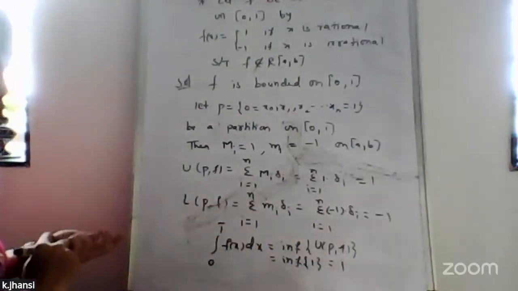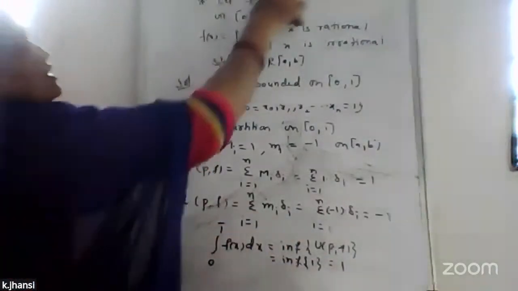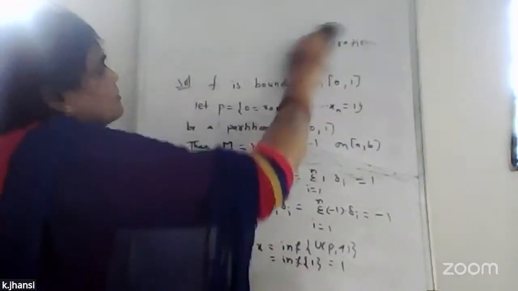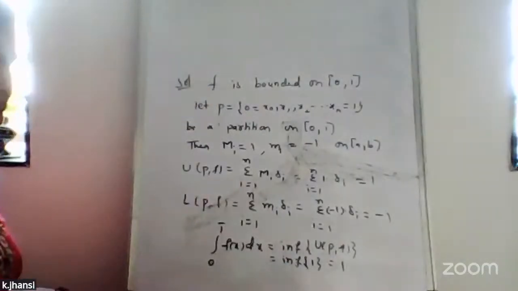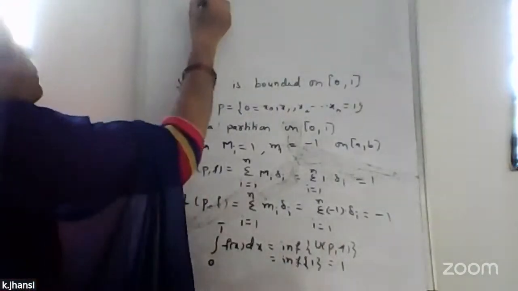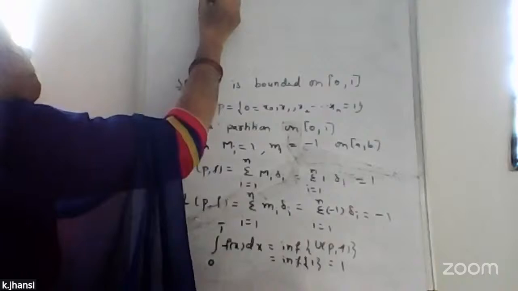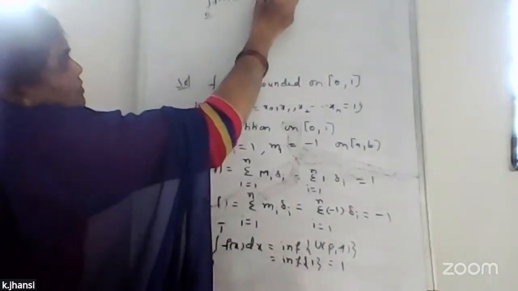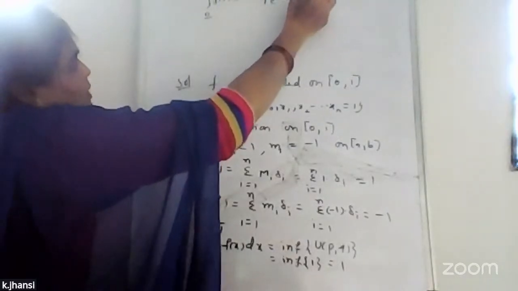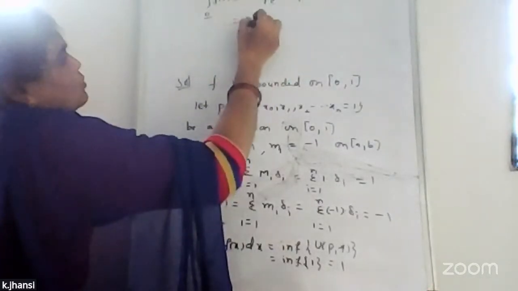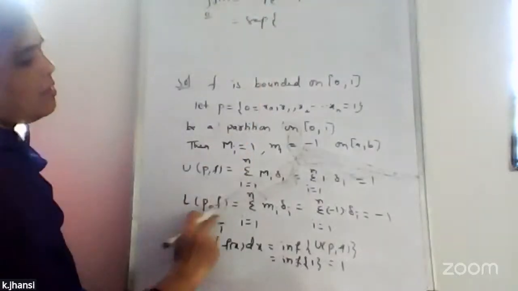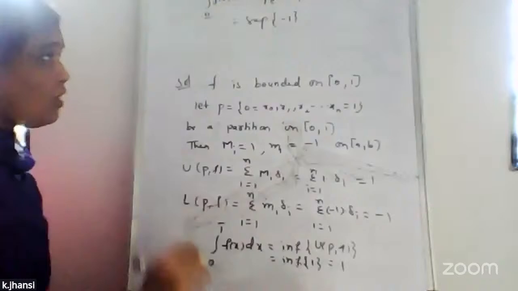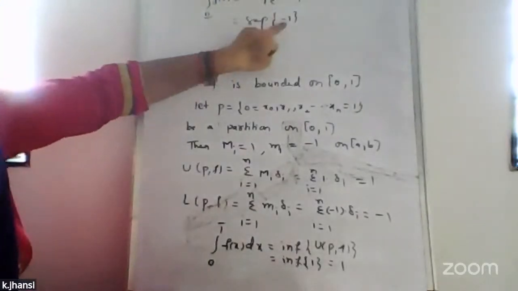And when you look at the supremum, that is the lower Riemann integral, it is equal to the supremum of L(P, f). What is the supremum of the L(P, f) values? It is -1.